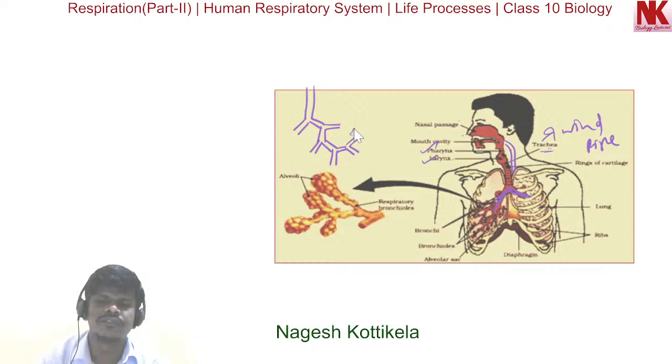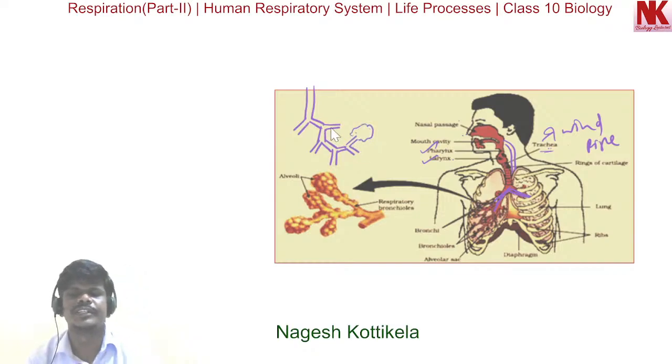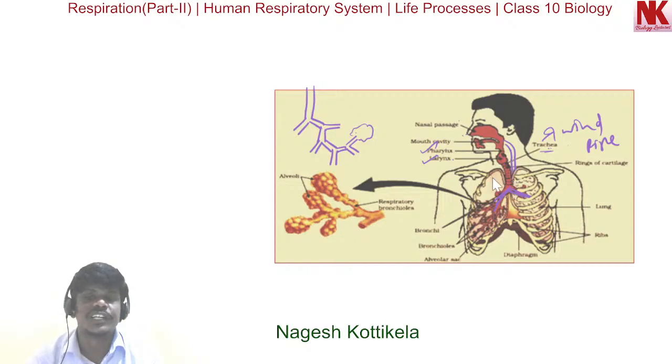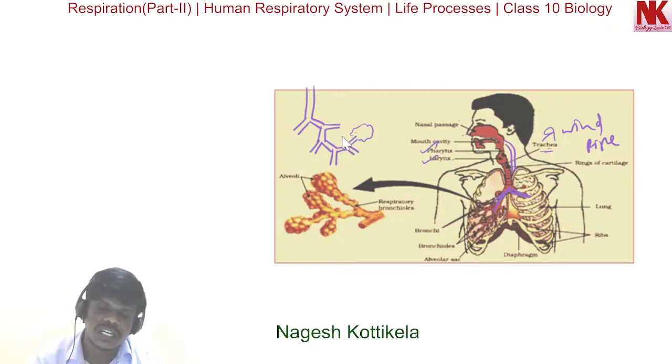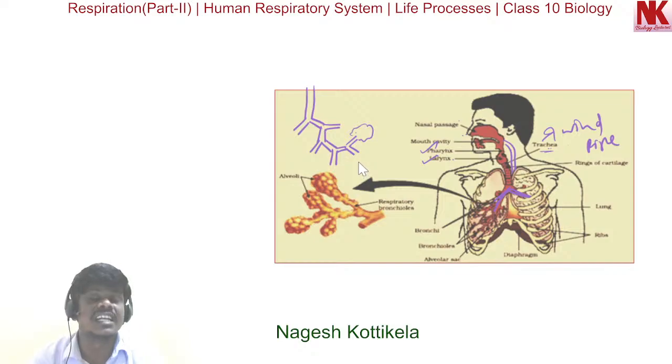After that alveoli will be present. So this is how the trachea is branched inside, and all of this up to the terminal bronchioles is the conducting part.